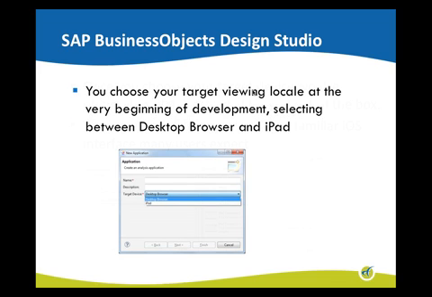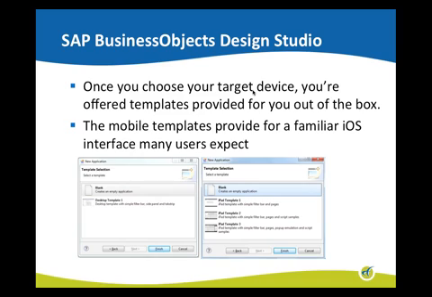So when using Design Studio, you actually have the option right from the beginning to set your locale for its viewing, whether it's going to be a development for a desktop browser or for an iPad. And then it provides you some nice templates. One of the things I really like is that it provides the familiar iOS interface that a lot of users do expect.